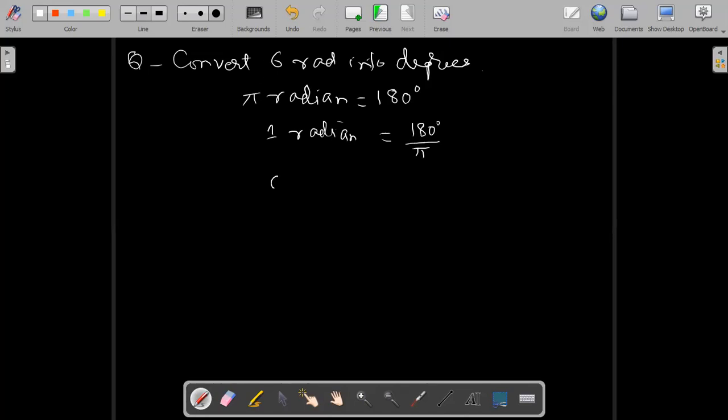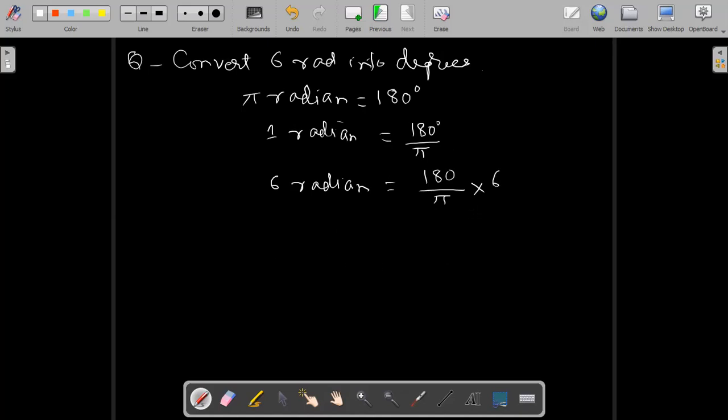But we have to find 6 radian. When it is given in pi, 6 pi, we can cancel pi, no problem. But when it is given only radian, not pi, so 180 divided by pi into 6. Now the problem comes.